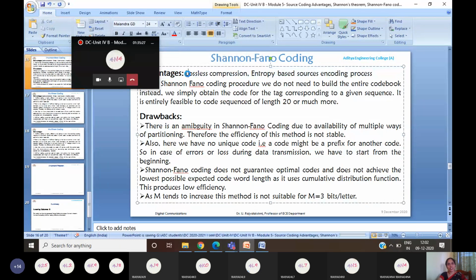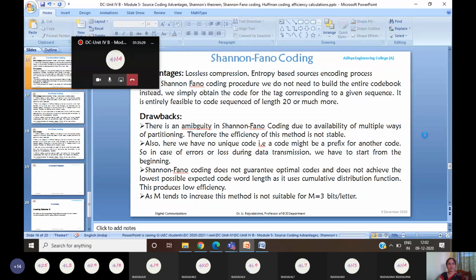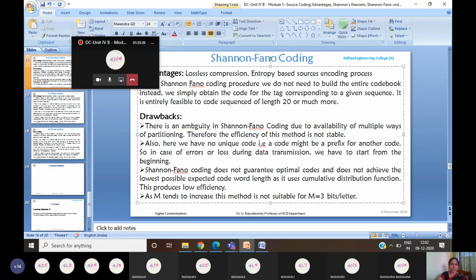These two are the common advantages for both the techniques. Ambiguity.